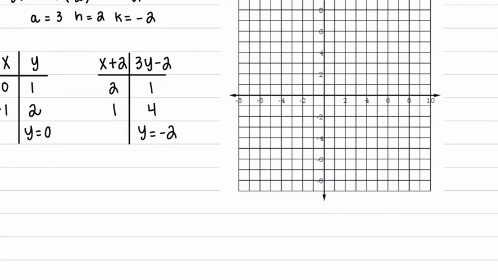So this is what will be graphed. I have a point at 2, 1, 1, 4, and then a horizontal asymptote at y equals -2.